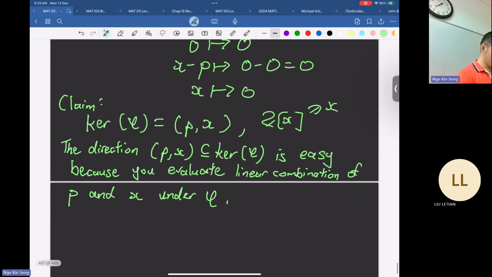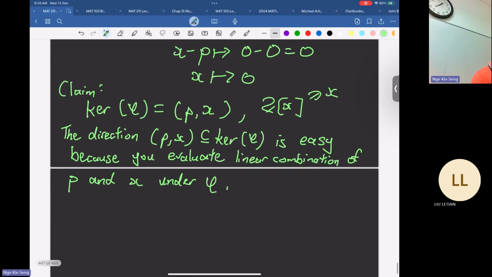So let's do the other direction. How about the kernel of phi is in the ideal generated by p and x? How do we show this?